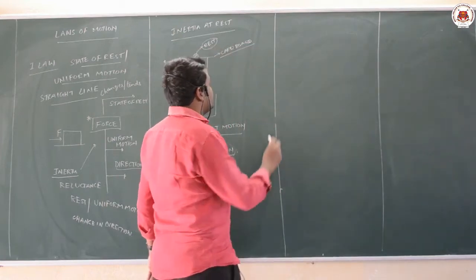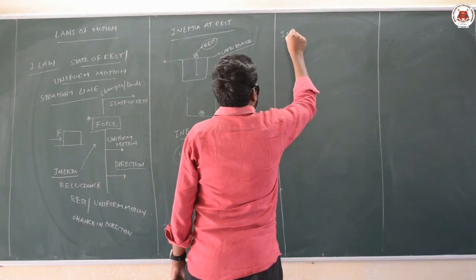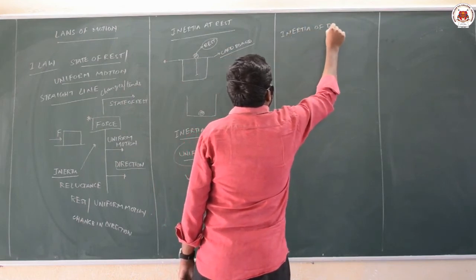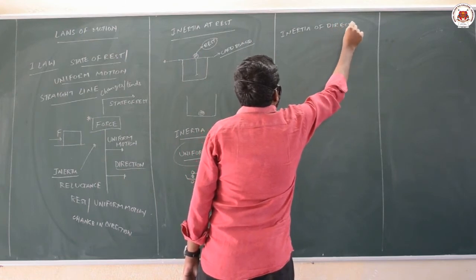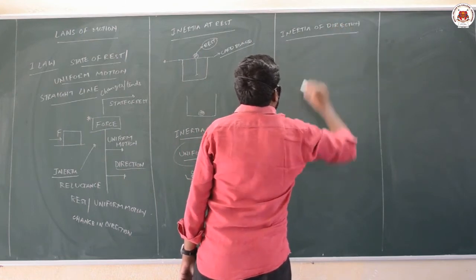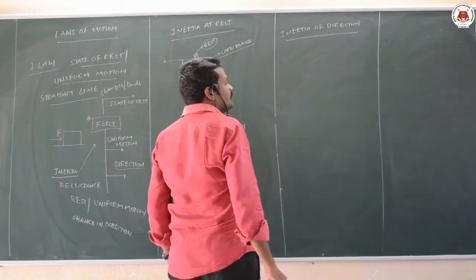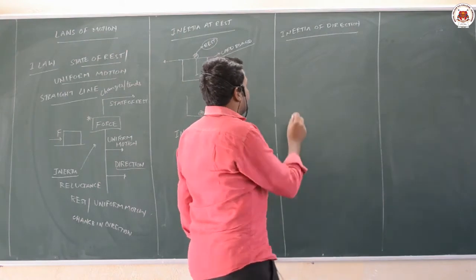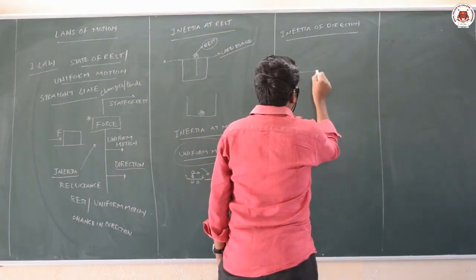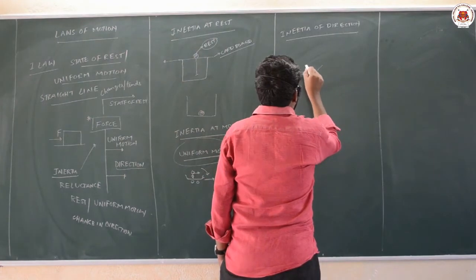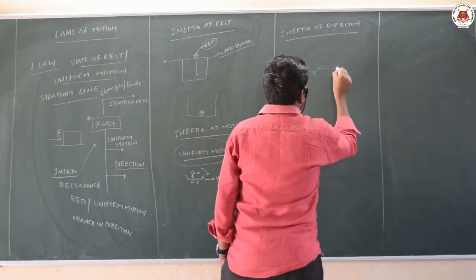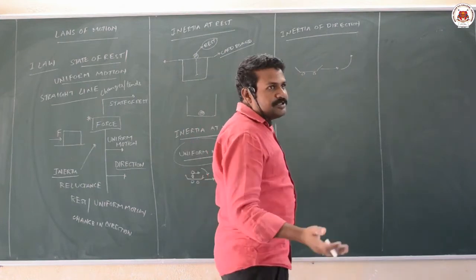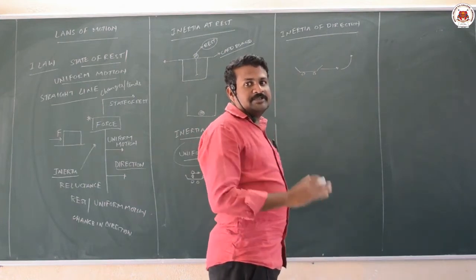And next is inertia of direction. The body which is in one single direction wants to be in that direction only. So when body is moving in one direction, if you are taking a turn, the passengers who are sitting in that vehicle will bend.